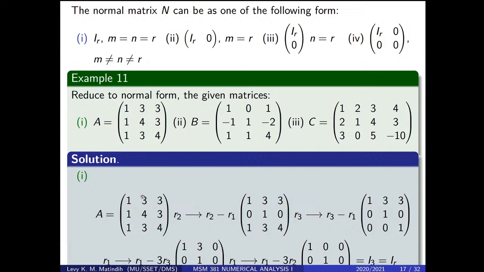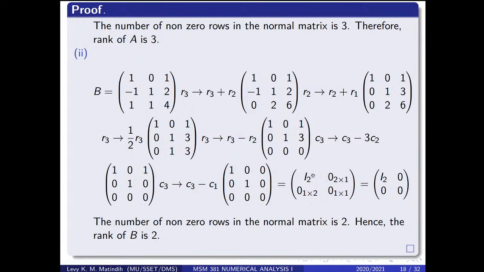So the normal form of this matrix is I_R, an identity matrix of order 3. Then the number of non-zero rows in the normal matrix is 3. Therefore, the rank of A is 3. So the rank of the given matrix is just the number of non-zero rows in the normal form of the given matrix.